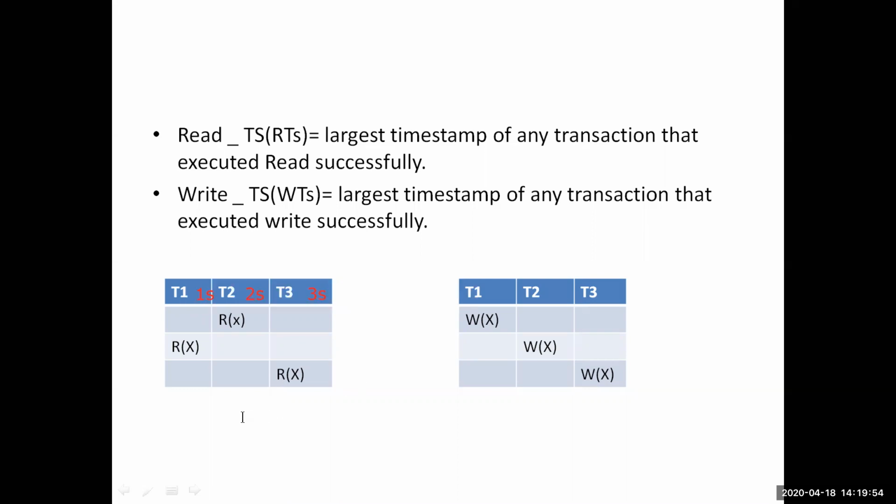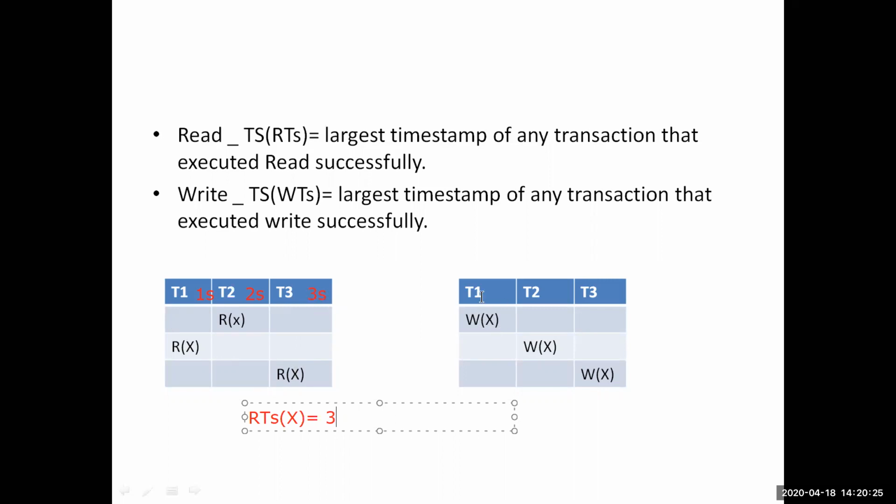So my largest timestamp for read of this particular operation, I am denoting as RTS of X, which is equal to 3, because it is the largest timestamp of any transaction executing last read successfully. This is the last read operation among these. So the transaction is T3 and the timestamp of T3 is 3 seconds. So it is 3.